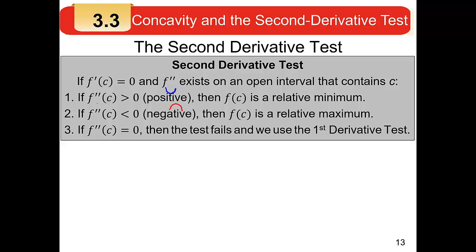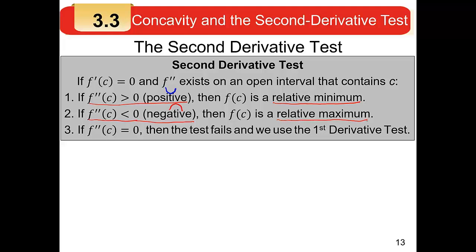So a positive second derivative tells you have a relative minimum. A negative second derivative tells you have a relative maximum, because the second derivative being negative means you're in an interval of the concavity being down, and if the concavity is down, you're at a maximum.